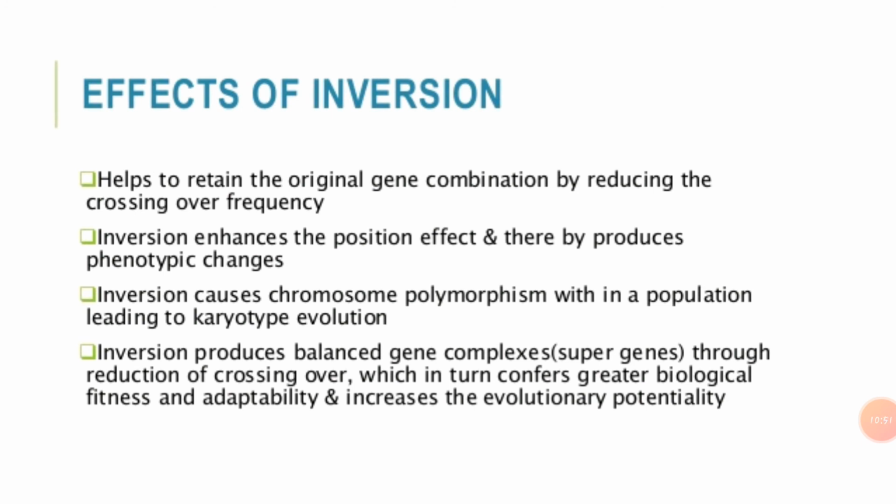Both pericentric and paracentric inversions have occurred in chromosome 16 of human and gorilla, and chromosomes 3 and 17 of human and orangutan. This is the effect of inversion.